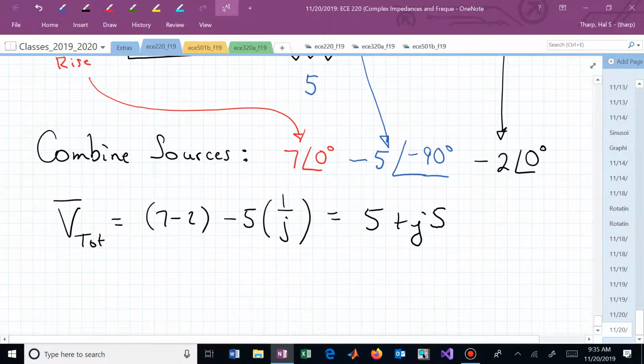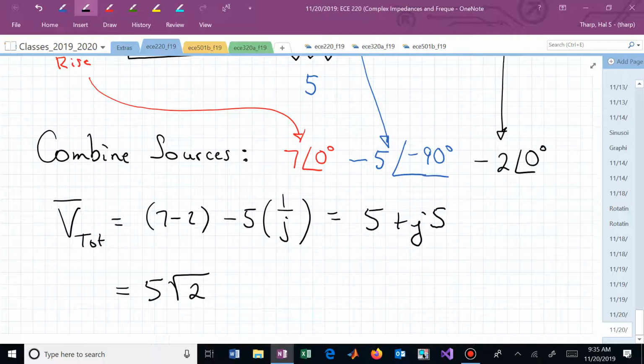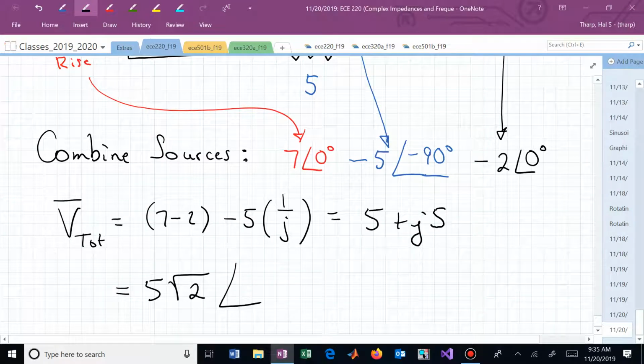Or if you wanted to write that in polar form, the hypotenuse is now a square root of 2 bigger than 5 on either side, because it's a right triangle with acute angles of 45, and the angle, 5 over 5, is 45 degrees.